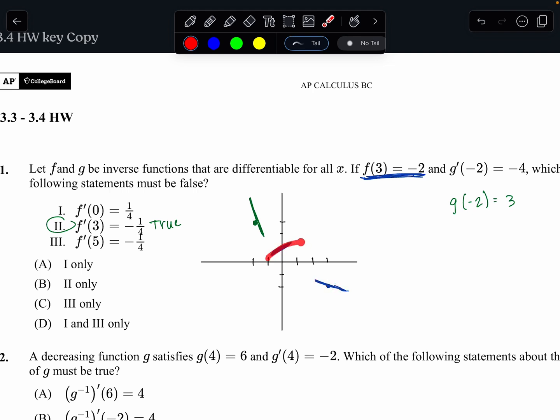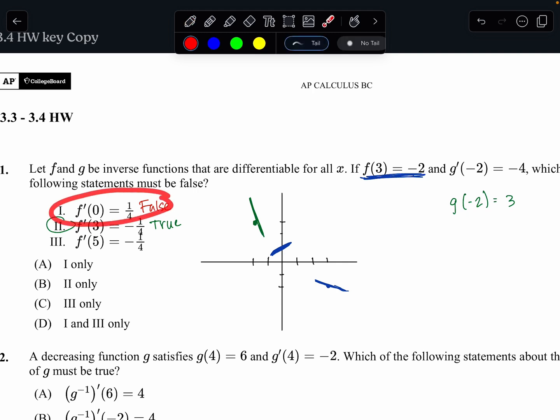If that's the case, that means f would not pass the horizontal line test, which would mean that the inverse of f, which is g, is not a function. And so in that case, this must be false right here.